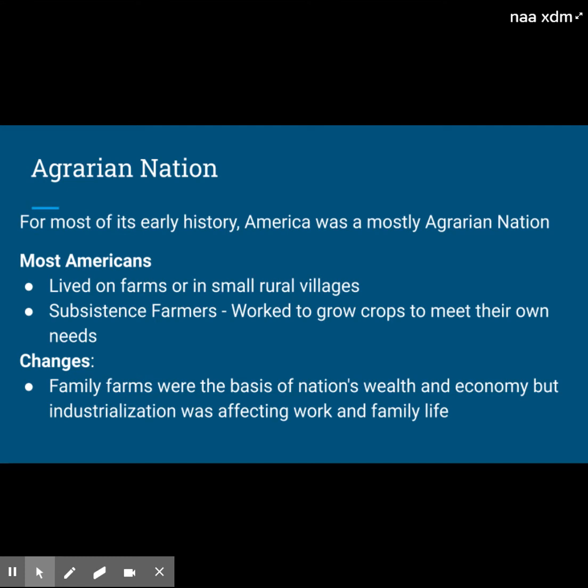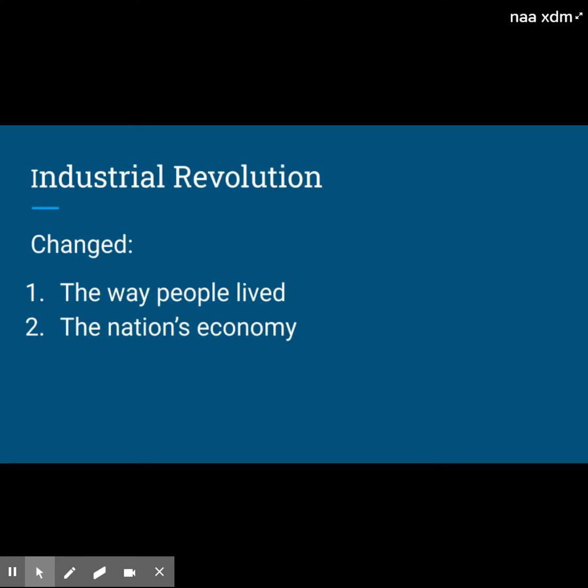Okay, and this is going to affect the life of the family as well as the work that people do. So it's important for you to know that the Industrial Revolution changed the way people lived, and it changed the nation's economy.